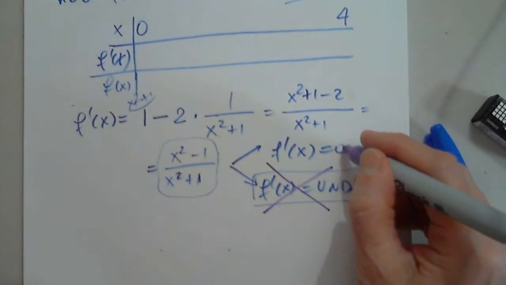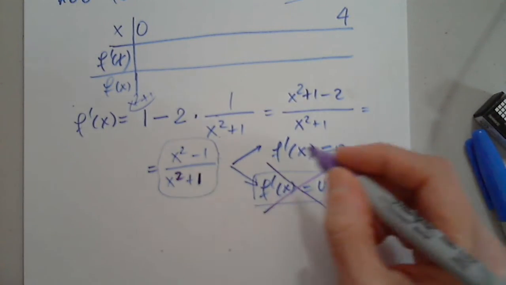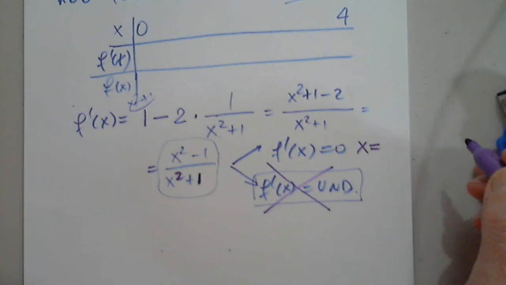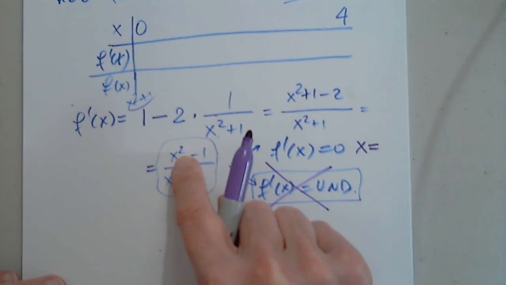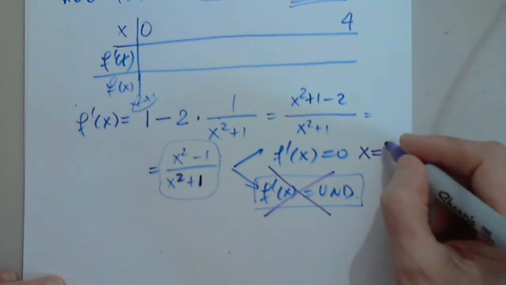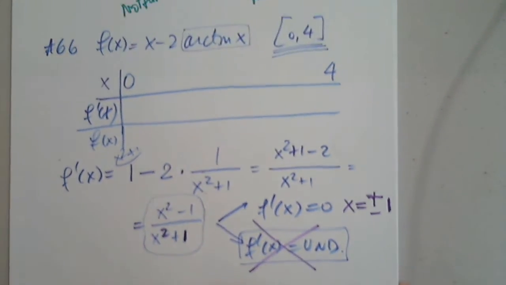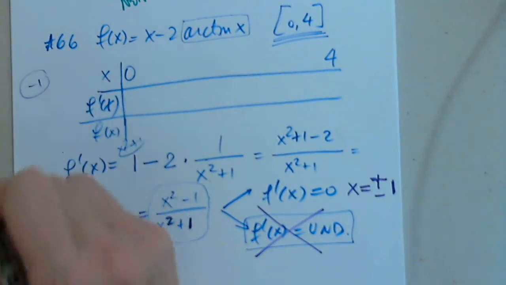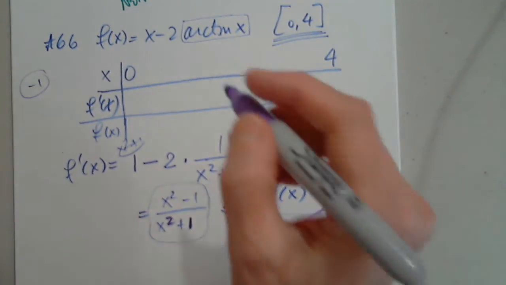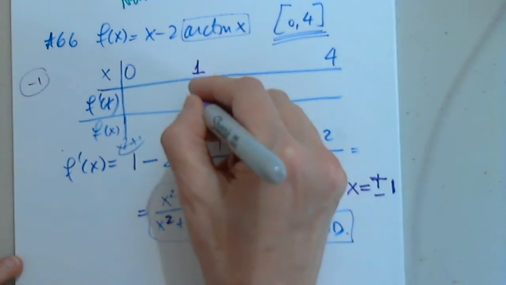Where is this function 0? x equals 1 or x equals -1, or both, because it's quadratic. Good. Well, -1 is not in our domain, so who cares? It's outside. But 1 is inside. At this point, I put 0.